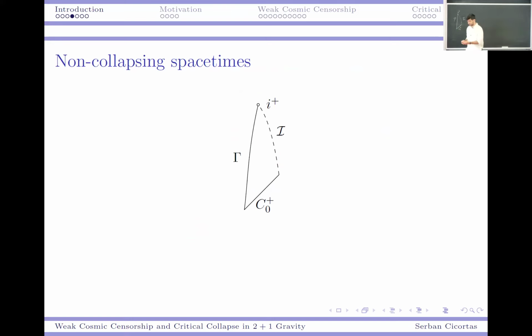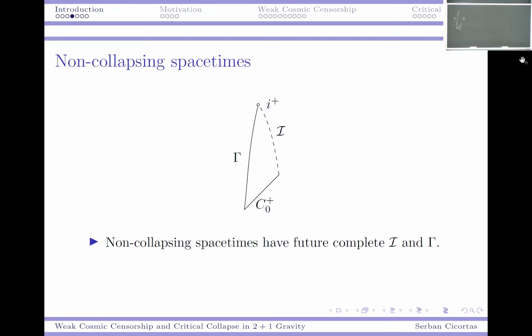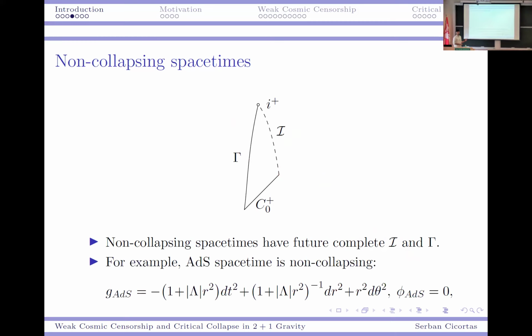So these are non-collapsing spacetimes. In this case, as you can see, you don't form any singularities, and moreover, both null infinity and the center gamma are future complete. This is what I mean by non-collapsing. And you, of course, know an example of such a spacetime: the AdS solution in 2+1 dimensions. I gave you the formula here.